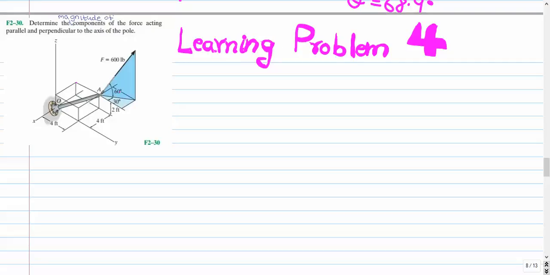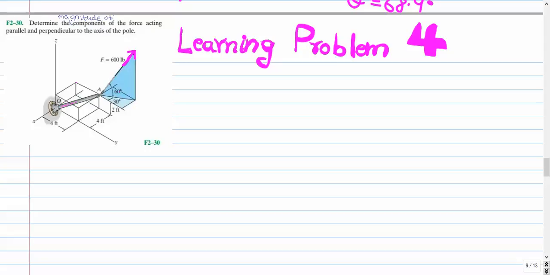basically we have to find the magnitude. Okay, so this is our force vector F, and they want us to find the magnitude of the two components for this force vector. One of those components needs to be parallel to the pole, and this is the pole.